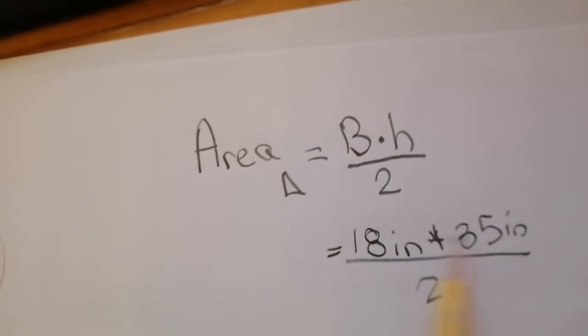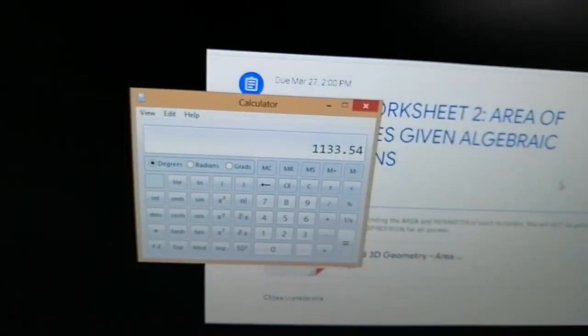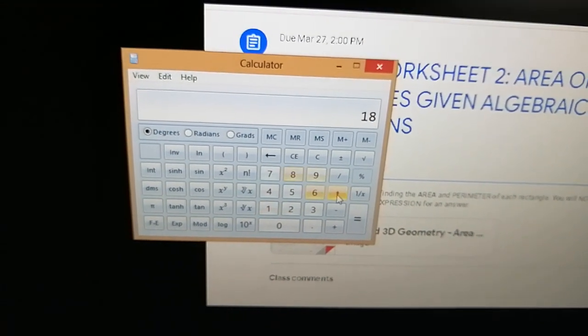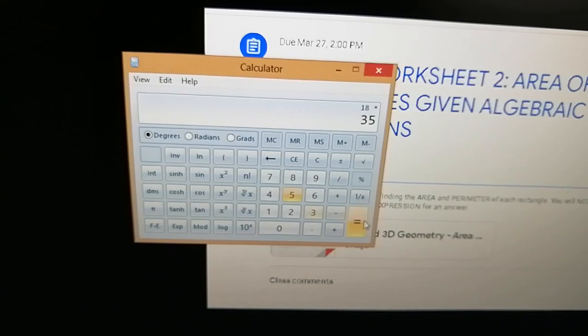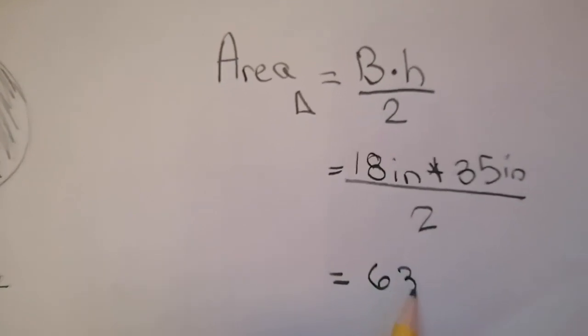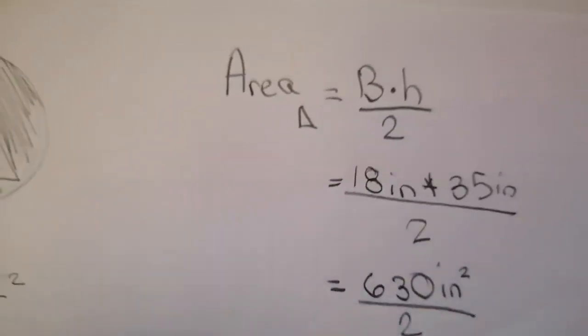So we're going to multiply the numerator, right? 18 times 35. That's 630 square inches. Divide that by 2.